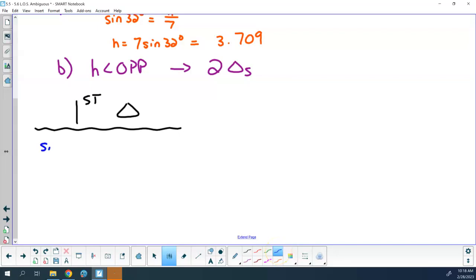The sine of 32 degrees over 5 is equal to the sine of angle A over 7. Agree? Okay. I'm going to call it, though, angle A sub 1, because it's the first angle.